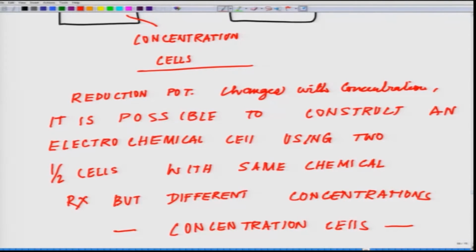Now, talking about a concentration cell, let us think of an example where you have a cell like solid silver, Ag plus, a salt in the aqueous phase, which has 0.1 molar concentration.